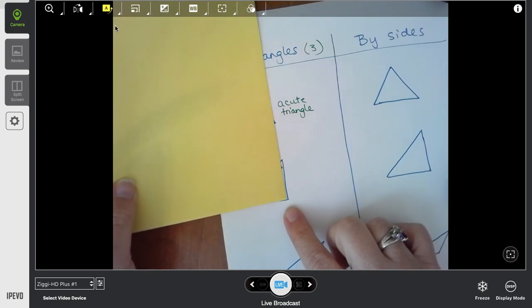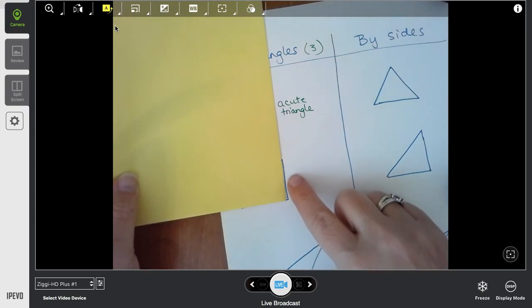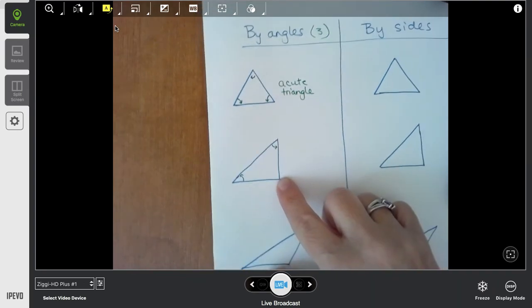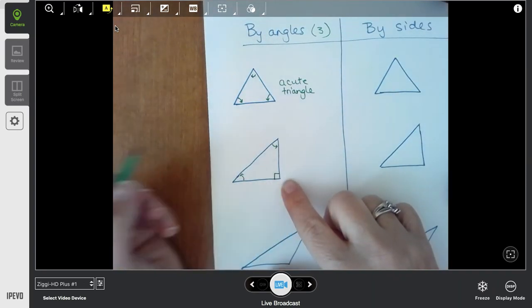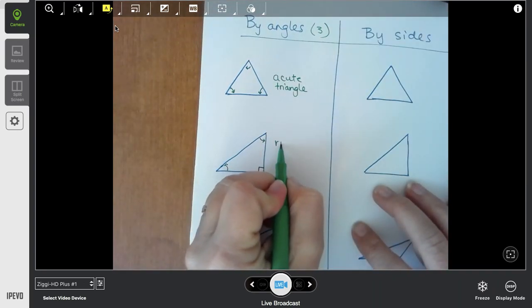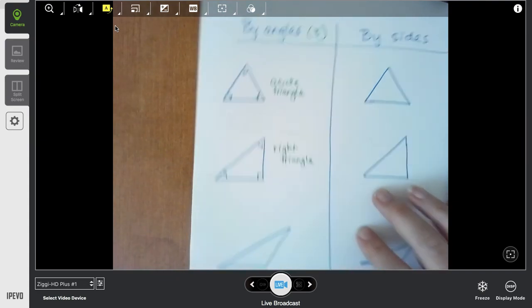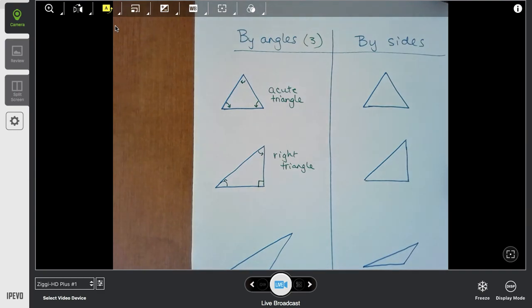If it fits nice and snug on those two lines, you know that's a 90-degree angle. That's just a corner of a piece of paper check. So if this is a 90-degree angle, this triangle is called a right triangle. As soon as it has one right angle, it's called a right triangle.